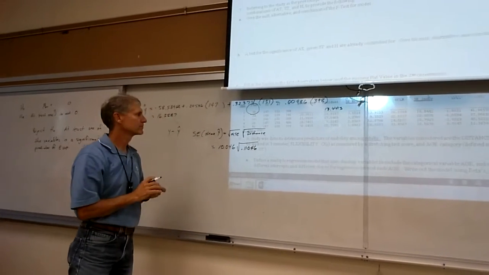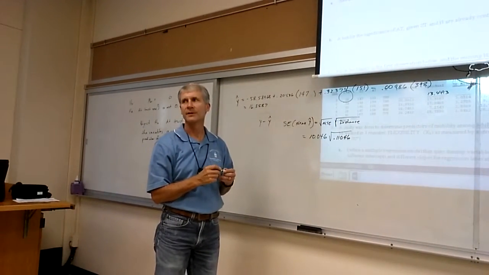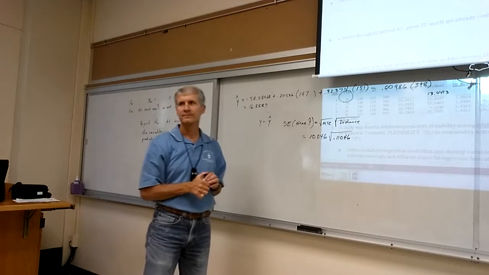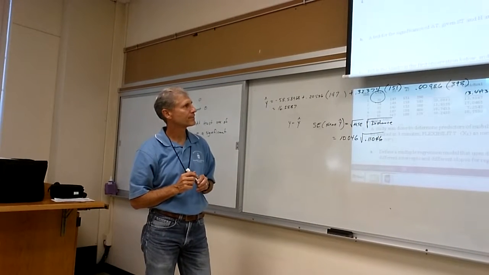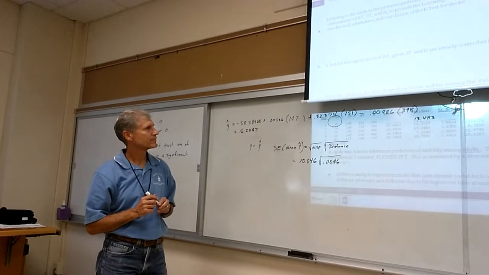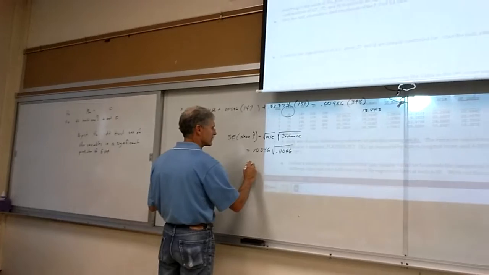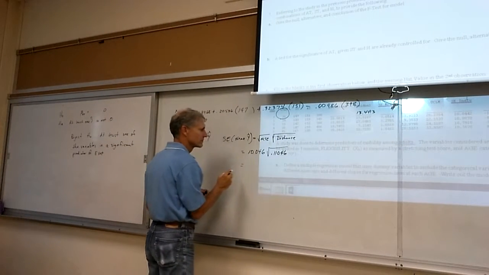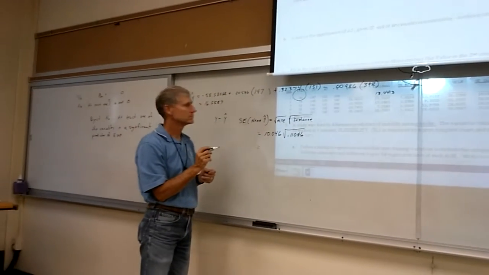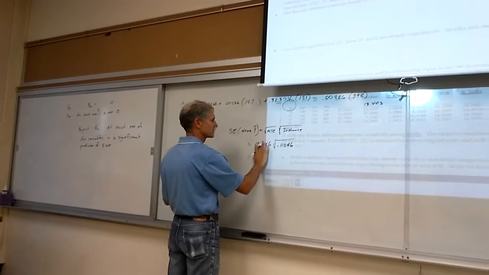So the hat value is the exact same thing as the distance value. Yep. Okay, good. That gives you 0.3323. Oh, sorry, I need to times that by the 10.406, the root MSE. Yeah.